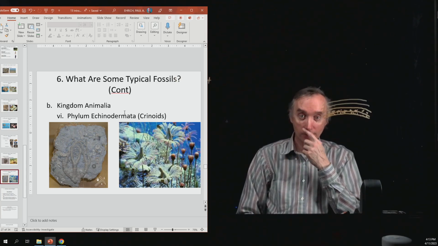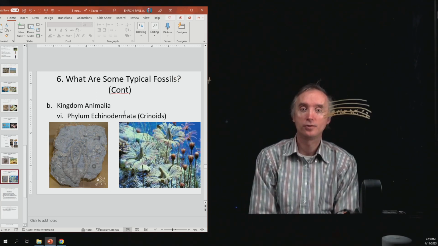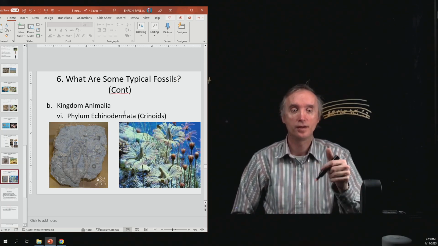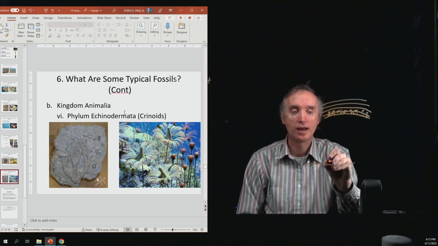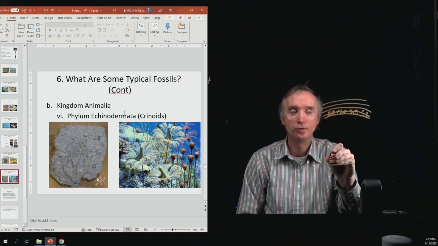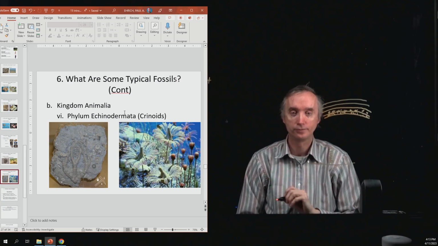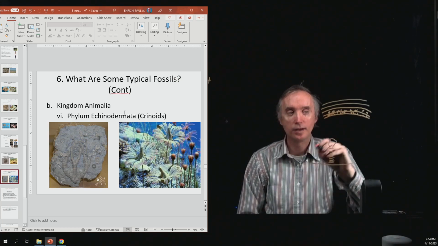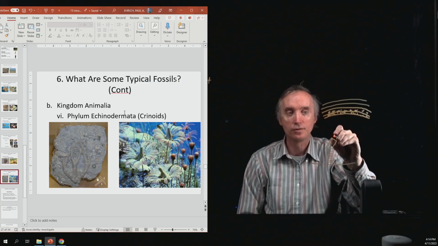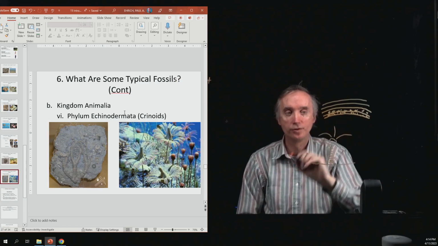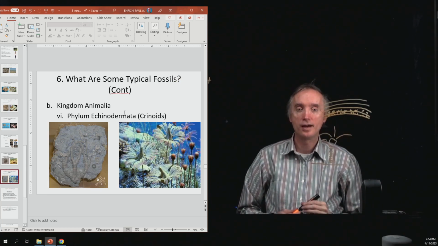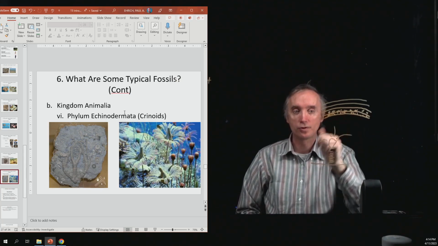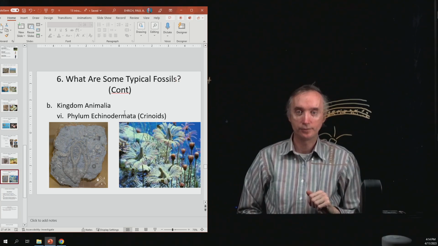Okay, here are the crinoids. So what these are, they're still animals, and what they would do is they would have a stalk that would be attached to the ocean floor, and then they would have a head, and then coming out of the head would be tentacles. And then what they would be able to do is they could grab little pieces of food from the water and pull it towards their mouth, and then they could digest it.